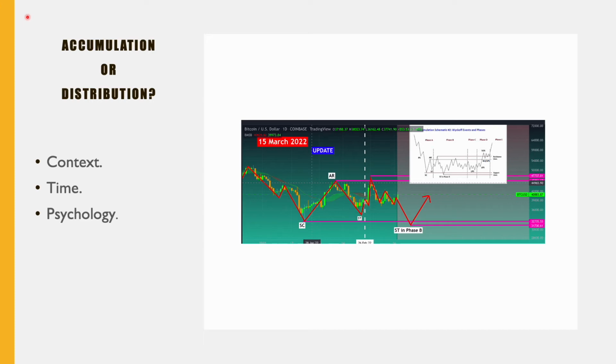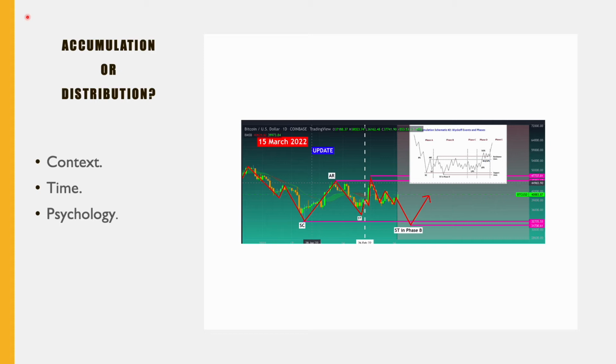So in a bear campaign, don't hold your hopes up every time you see a range, because you will most probably have 2 or 3 redistribution ranges before the final accumulation. So you need to understand that bear markets are long and bull markets are short.